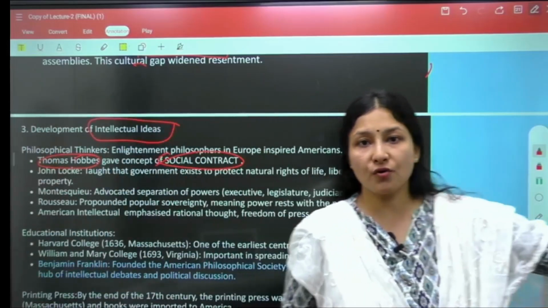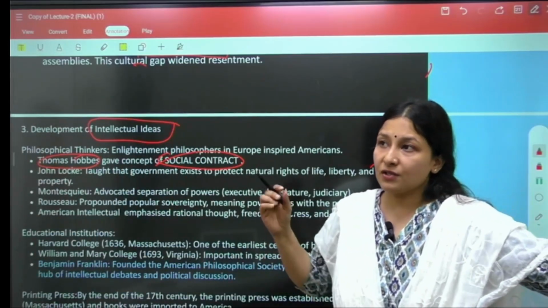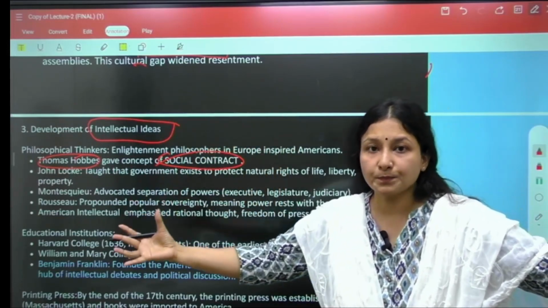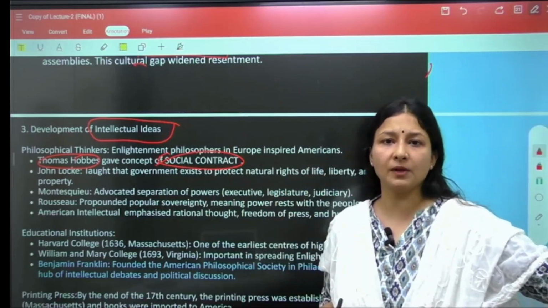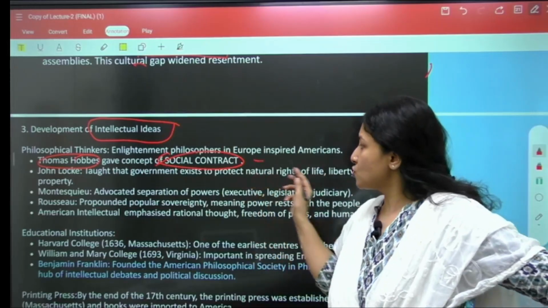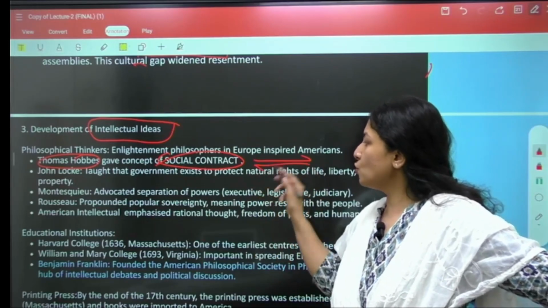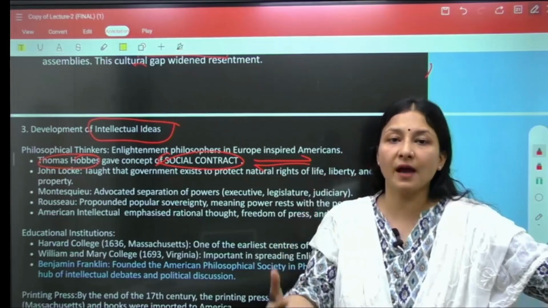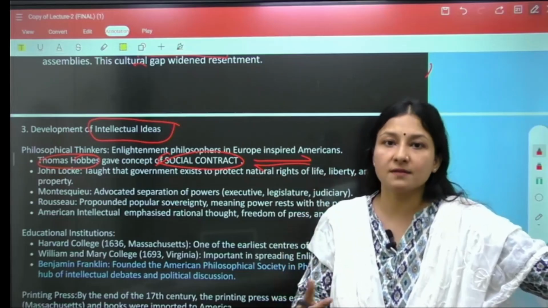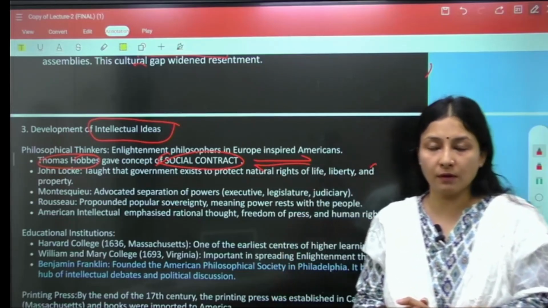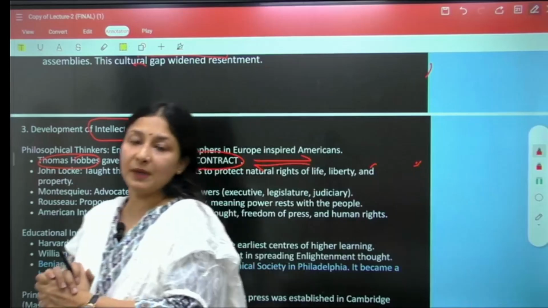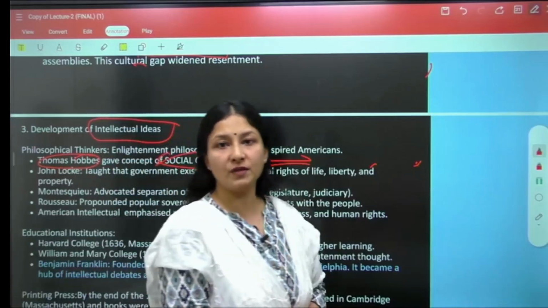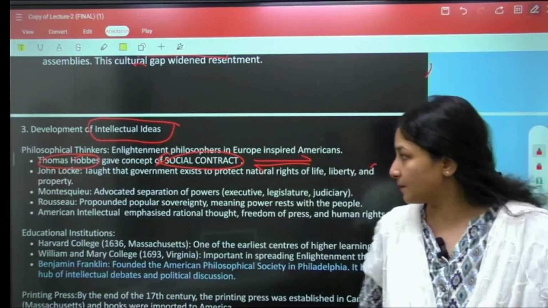In the social contract theory, it's not that the state is going to come and impose the power on the people. Rather, the social contract is a two-way process. Certain kind of rights will be given by the state to the people, and people will have certain duties towards the state.